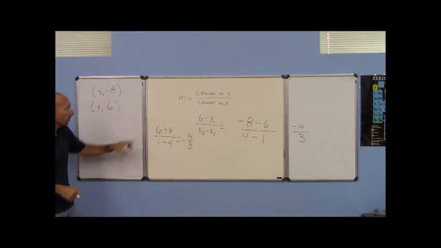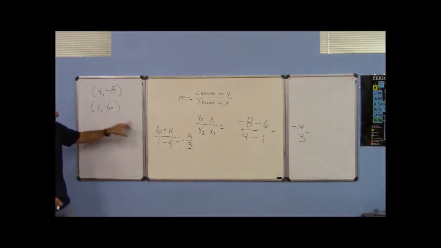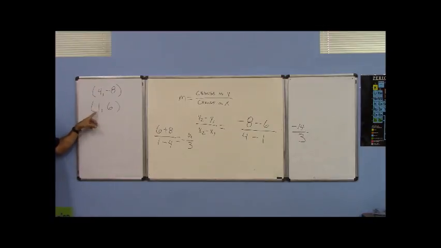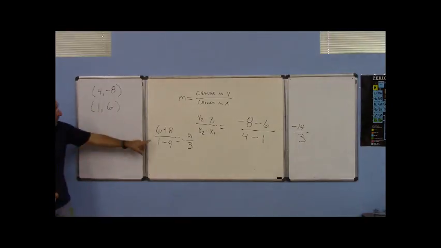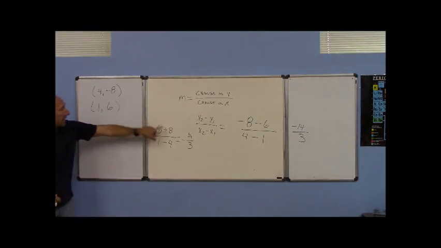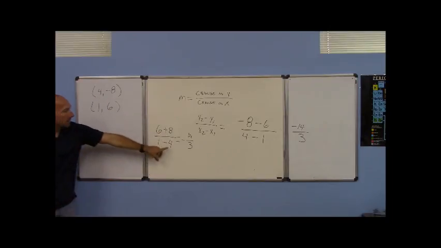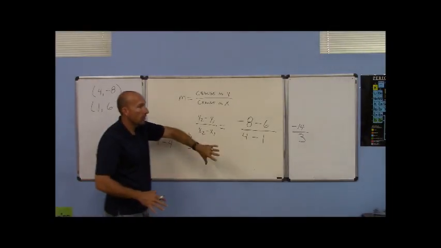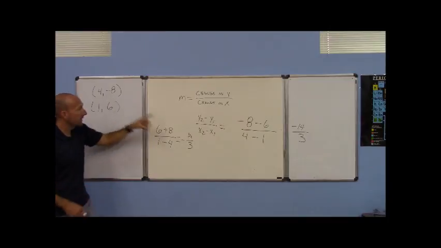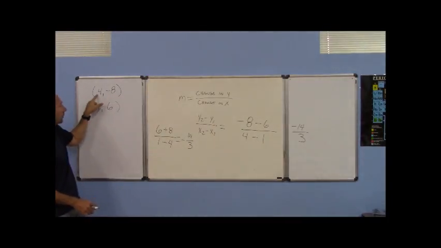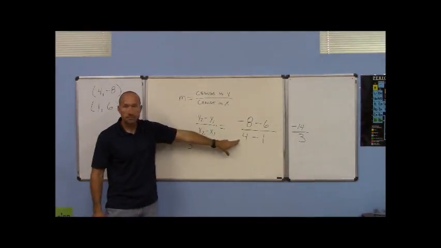If we start with 6, the last point, we have to start with the x in that same coordinate set, so we start with 6 and then 1. Then we go to negative 8, and then the 4. Here we started opposite. We started with the negative 8, so we have to start with the 4 on the bottom. Okay?